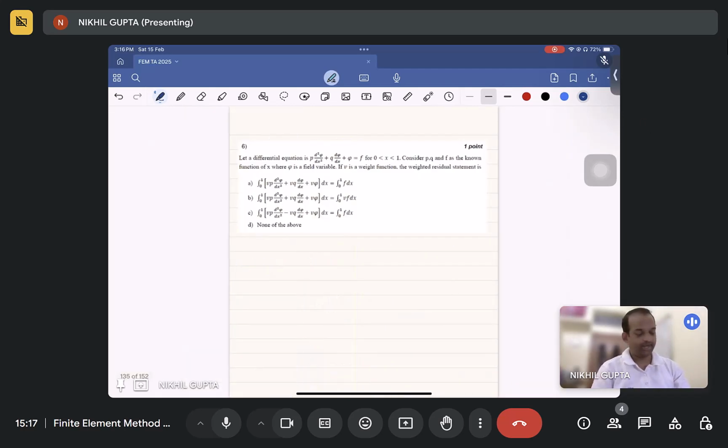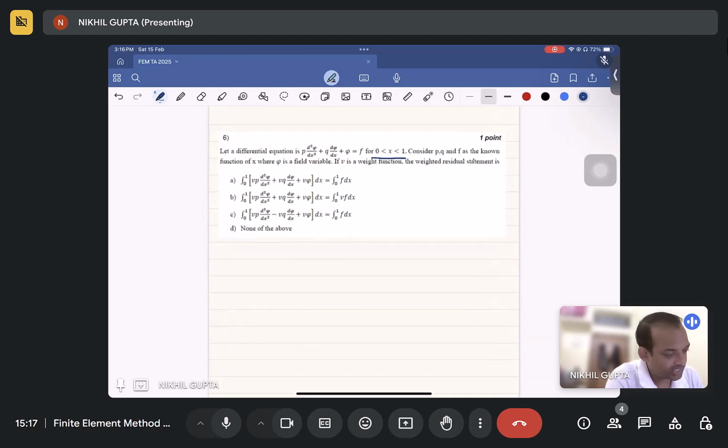I hope you all are getting it. Now question number 6: there is a differential equation given, ranging from 0 to 1. It says to consider p, q, f as known functions of x and phi as the field variable. v is your weight function, and we have to verify the weighted residual statement.